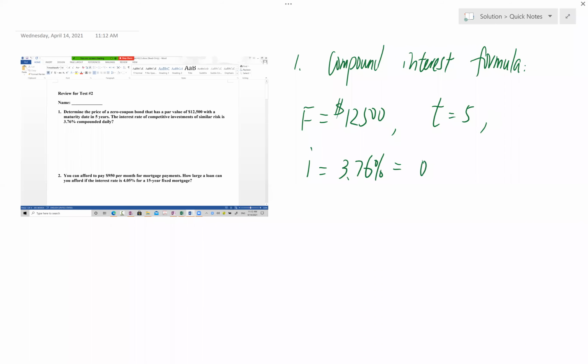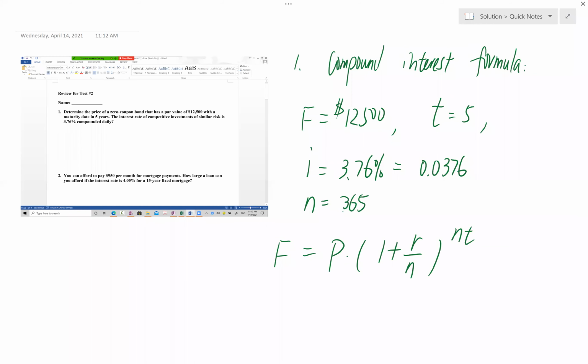And typically you turn it into a decimal number, 0.0376. And we also know its compounding period is daily. That means n is 365.